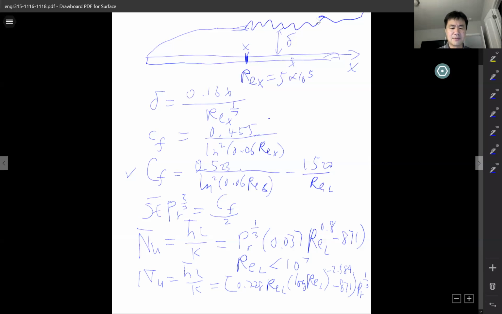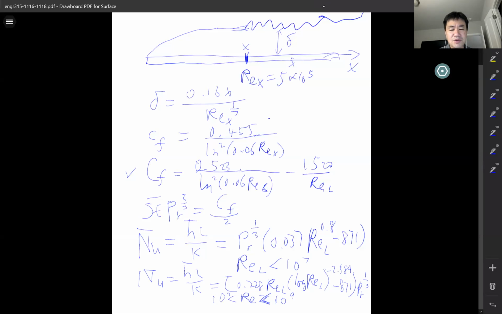Okay, the experimental correlation. This is satisfied for Reynolds number greater than 10 to the 7 and less than 10 to the 9. I think those are the equations I want to introduce.